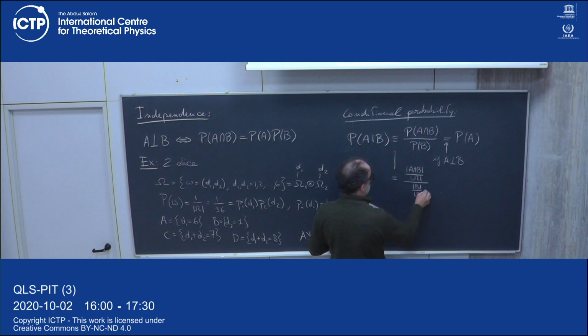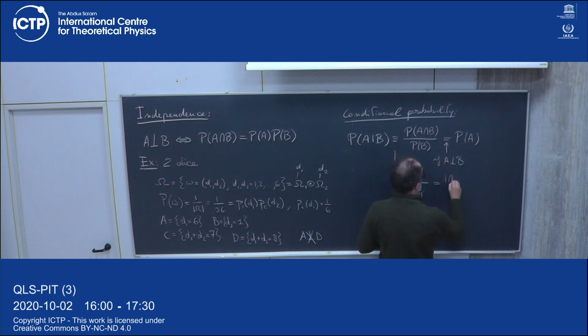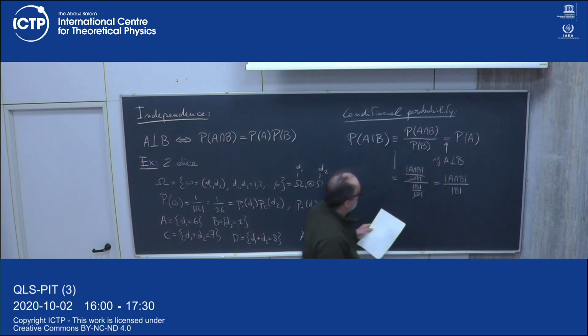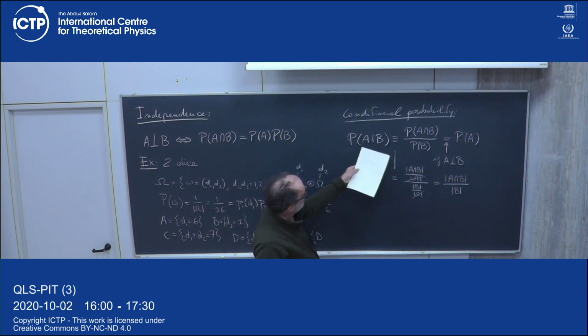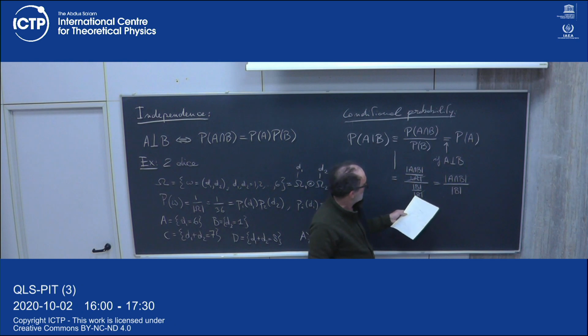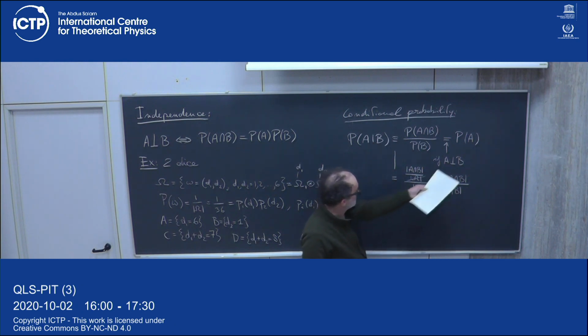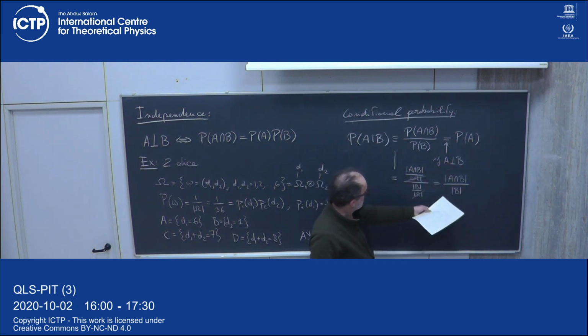So you see that the total number of events cancel, and this is just the number of favorable events for A and B divided by B. So you see that in computing this probability, we are essentially replacing omega by B.